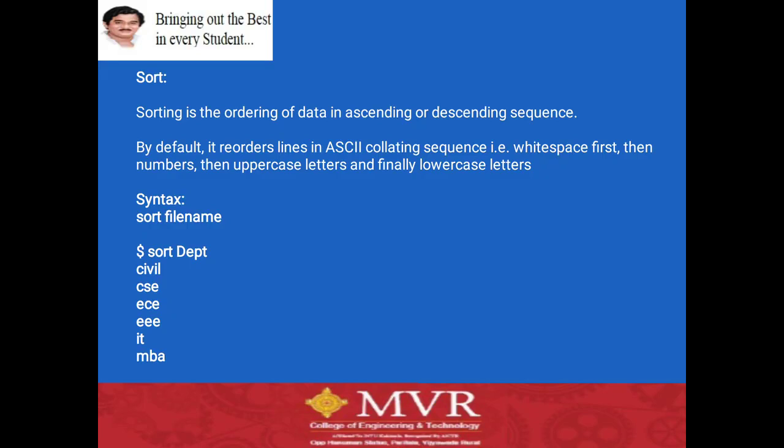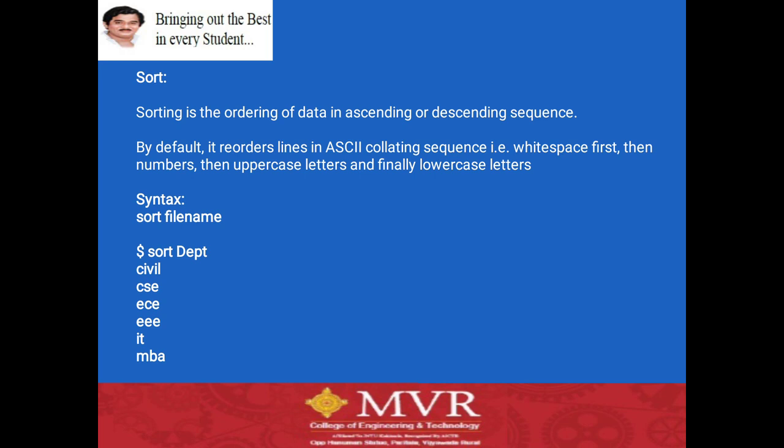Every alphabet or numeric on the keyboard has an ASCII code, so depending upon those codes, white spaces are displayed first, then the numbers, then the uppercase letters, and finally the lowercase letters. In this order everything will be sorted.